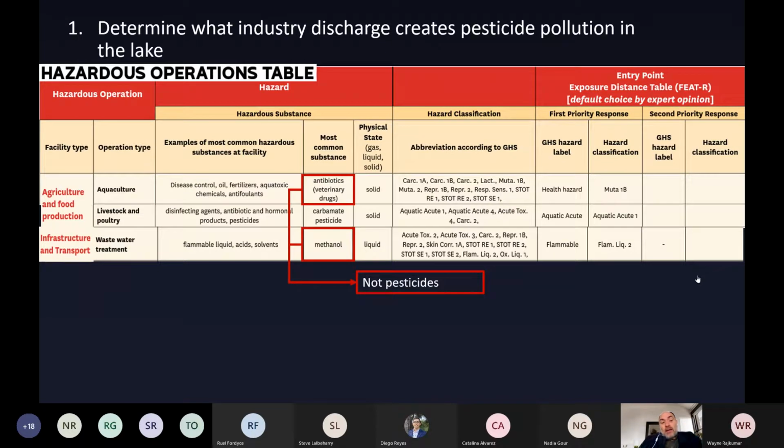In the case of aquaculture, I would have as most common substance antibiotics, and wastewater treatment, which has as main common substance methanol, are not pesticides. So I made the first easy and fast step, which is to determine which kinds of facility I should oversee first.